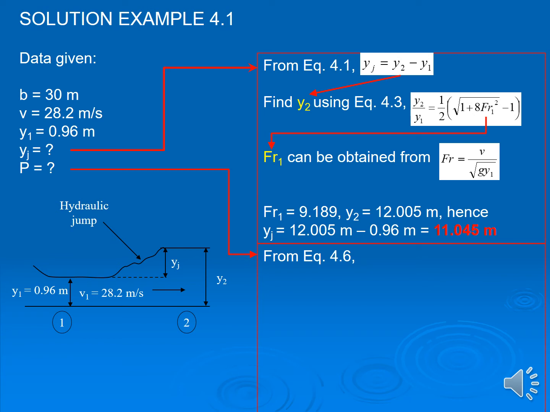So now we find the power dissipated. You can use equation 4.6, which is P equals rho g Q delta E, where Q can be obtained from the general equation of flow, Q equals V A, and because this is a rectangular channel, A equals B times Y1.